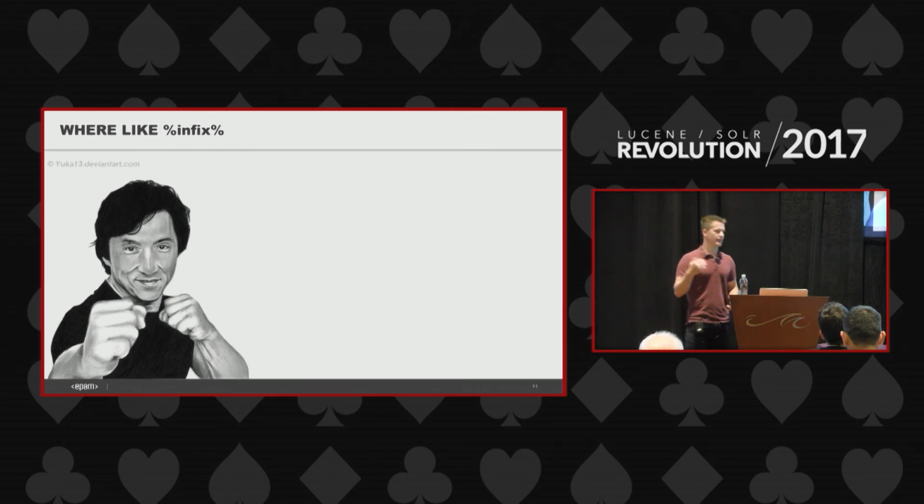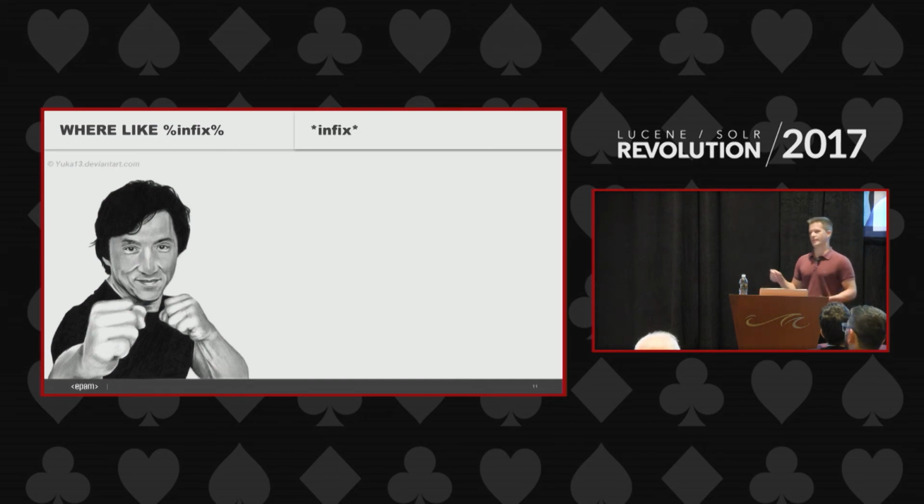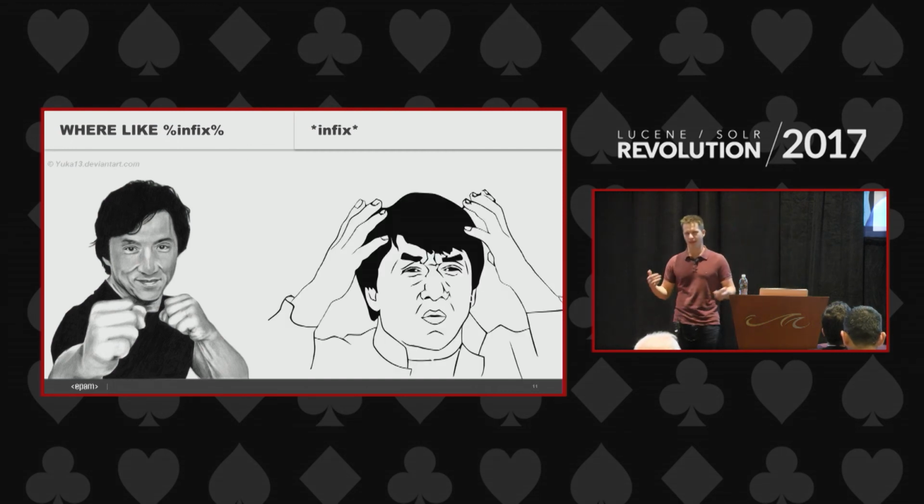But then the data gets bigger, things get worse, and they decide to migrate to a search engine. So they set up Solr or Lucene or whatever, but continue to search with infix, a leading and trailing wildcard. And it doesn't really pay off, right? And they are a little bit disappointed. And then what? They come to the mailing list, ask the question, and what are they replied with?